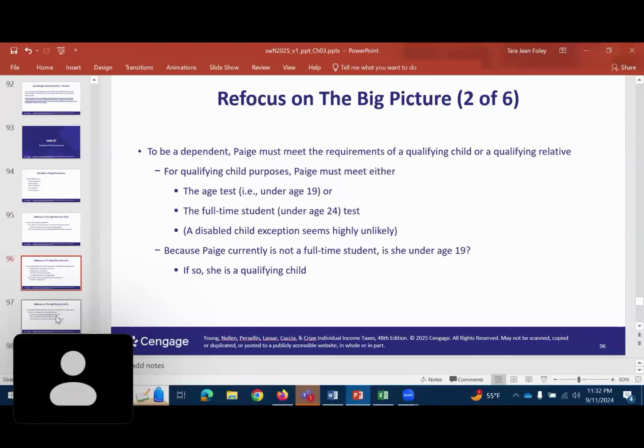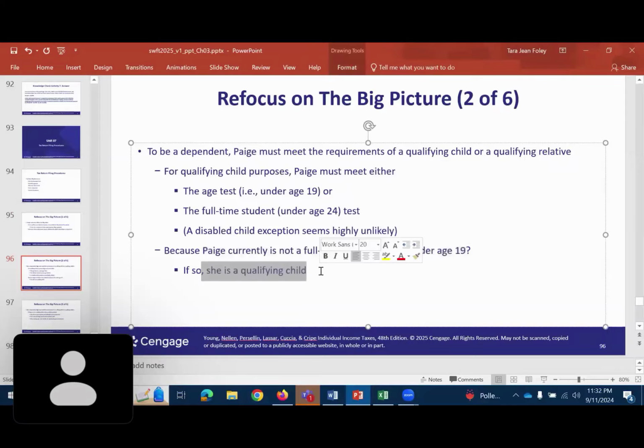They say it seems highly unlikely because she's a gymnast. But we also have the Paralympics, which are not disabled, because that word disabled is something to really know what the definition is. Because she's not a full-time student, is she under 19? If she is, she's a qualifying child. And then that will help her to be a head of household.